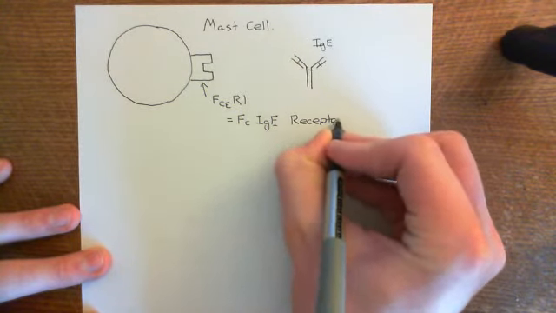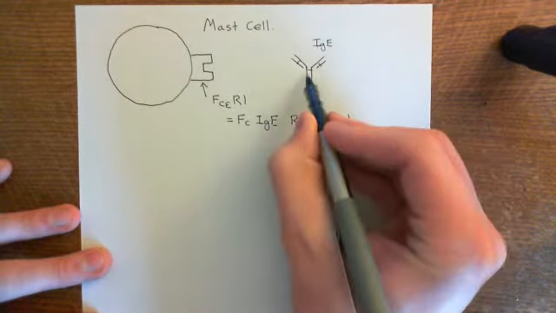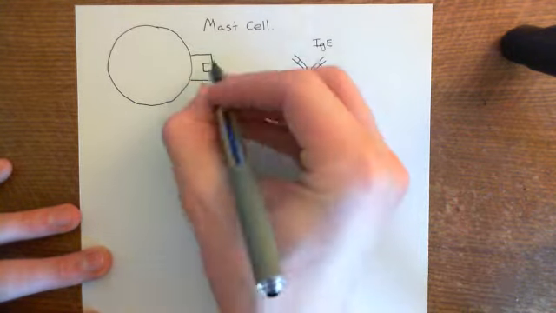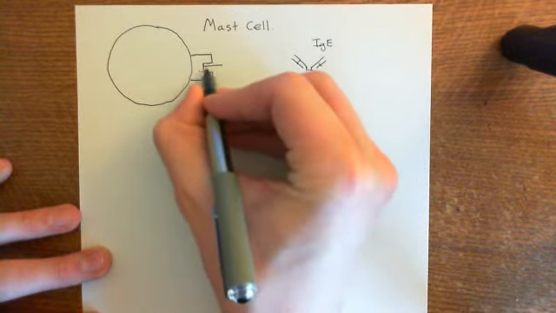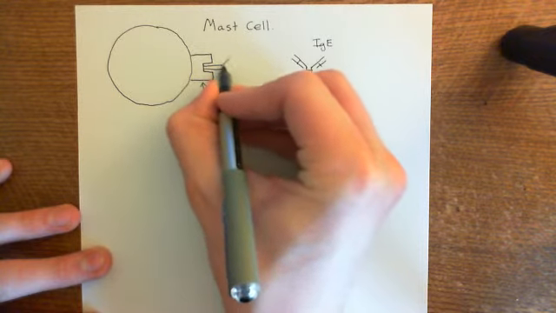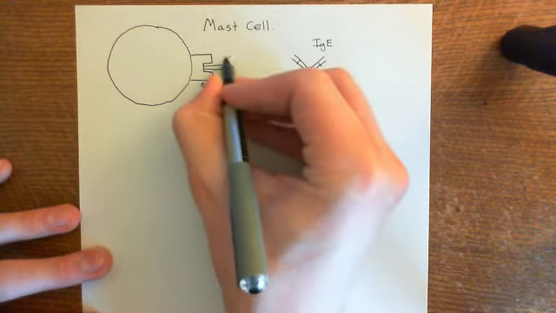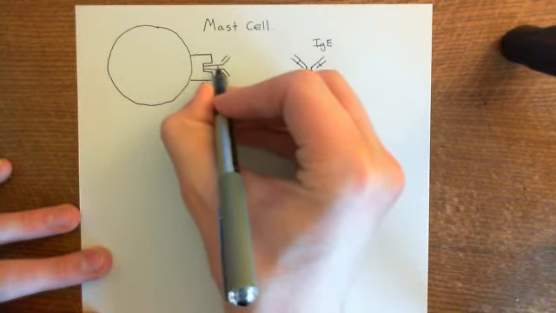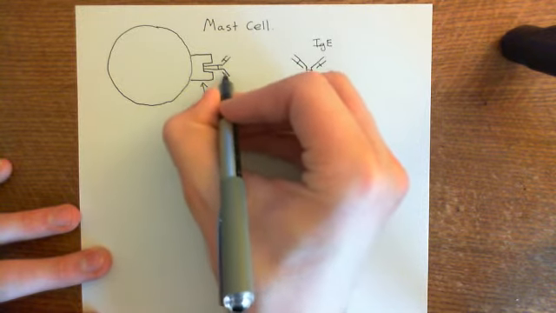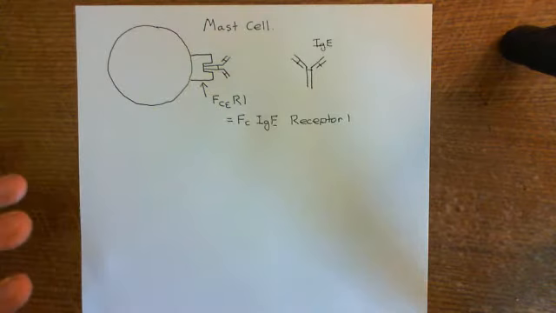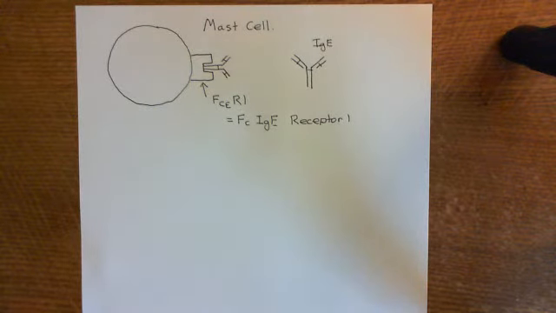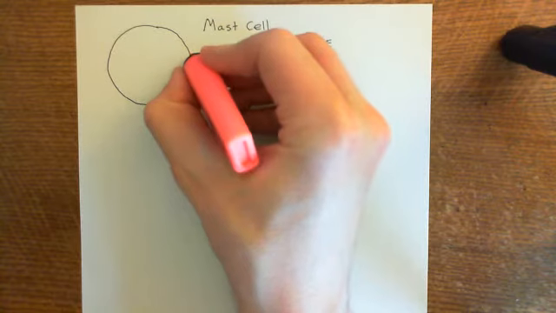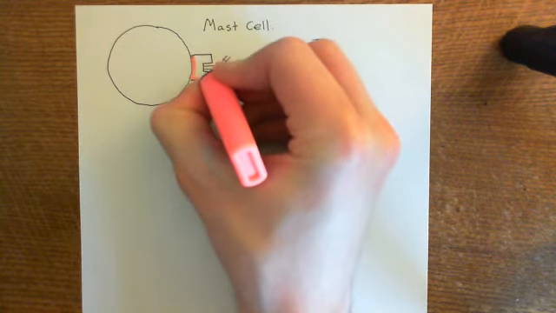What can happen is that the constant regions of the immunoglobulin E molecules bind to the Fc epsilon R1 receptor on the surface of these mast cells. Now, what's the significance of that? It's going to arm these mast cells against the allergen. Remember, the job of mast cells is to look out for pathogens. One of the ways they do this is by having this Fc epsilon R1 receptor on their surface.